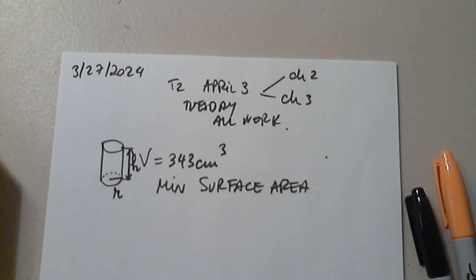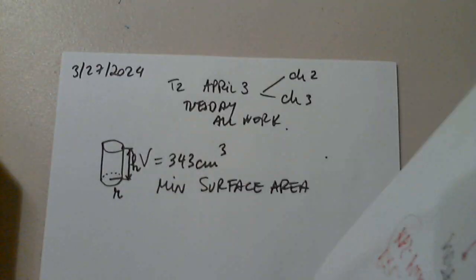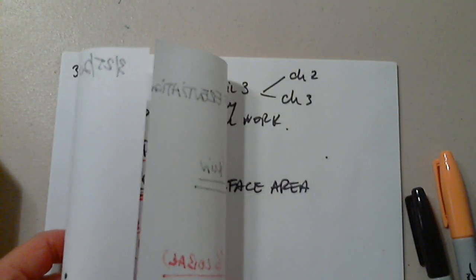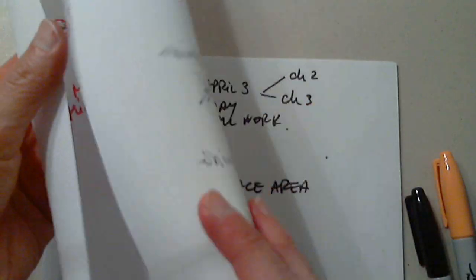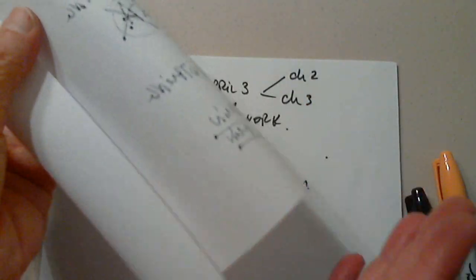So here it is. Imagine, I know it's not, but please imagine that this is a cylinder. Just imagine that it has a bottom. It doesn't have a top, but it has a bottom.